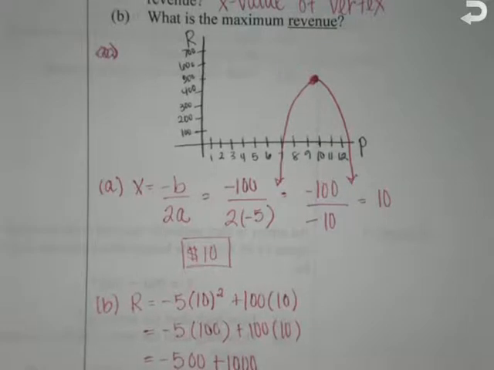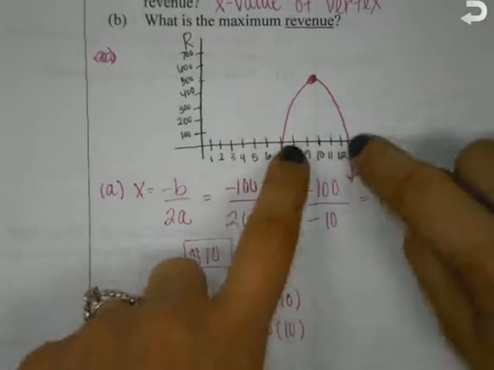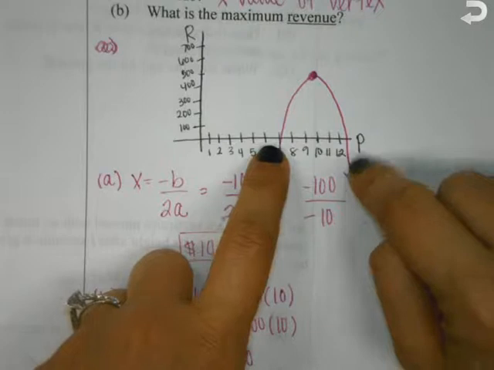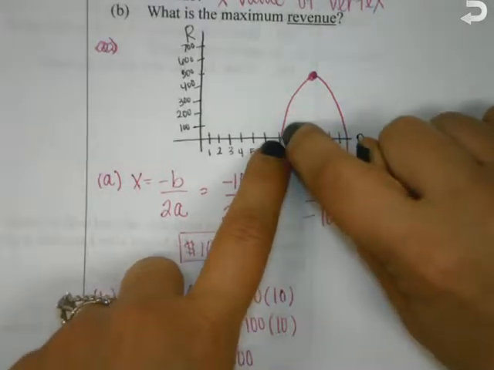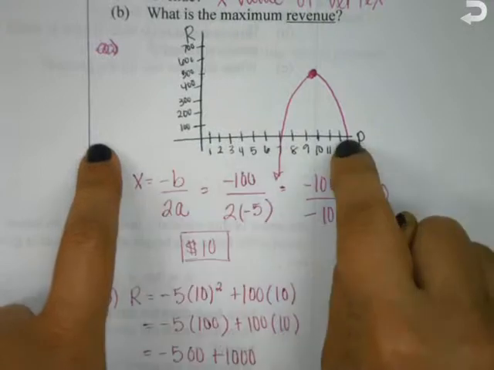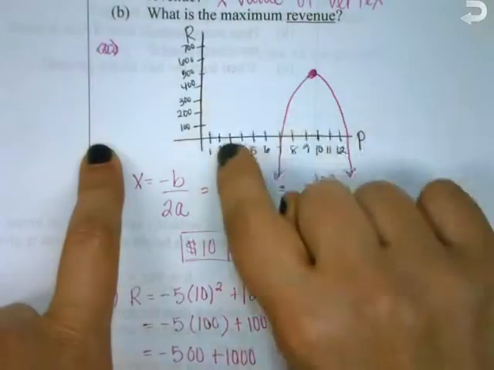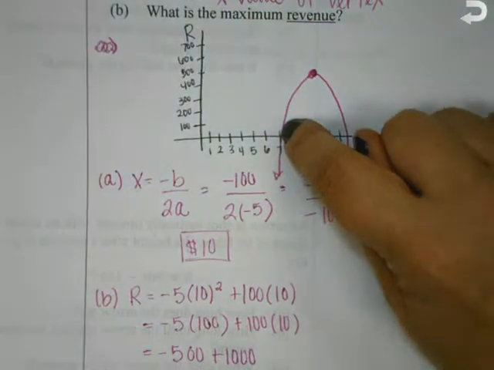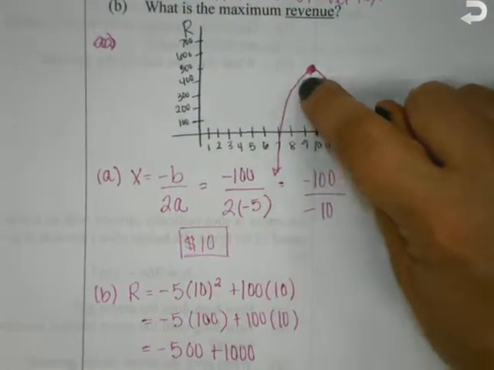Here's my graph for selling widgets. When the price is lower, more people are willing to buy it, so I make more money. So this is my price axis. This axis is how much money I make. So when I'm selling at a lower price, more people buy and I make more money. As I gradually increase the price, I'm still making more money because it costs more, right?